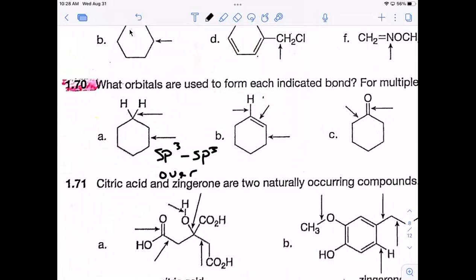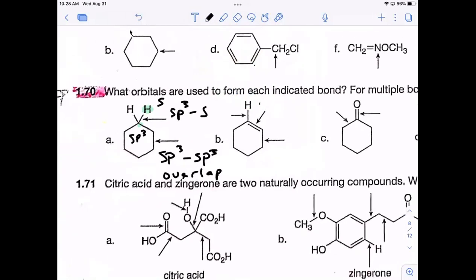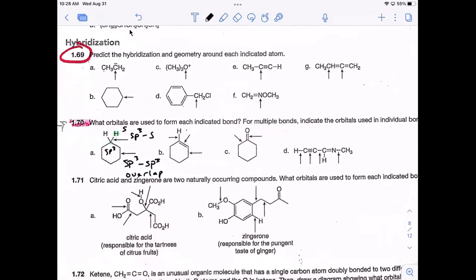I just didn't get a chance to write it on the screen because we were having some issues. And we said that right here, this hydrogen overlapping with this carbon, the hydrogen was S and the carbon was sp3. So we said that this was sp3-s overlap. Is that right?